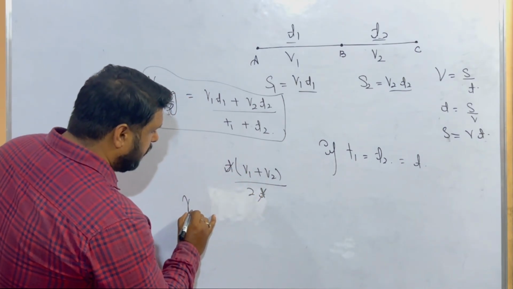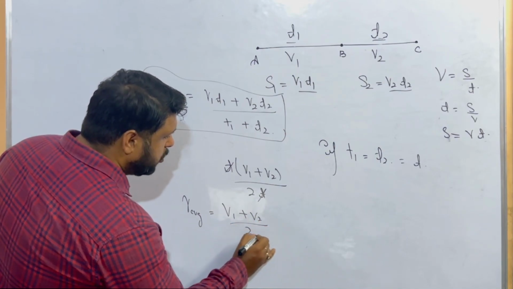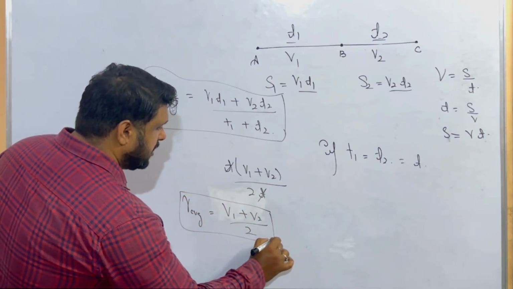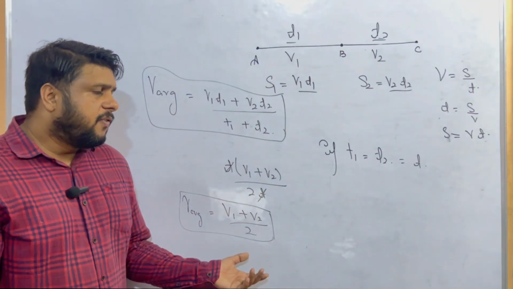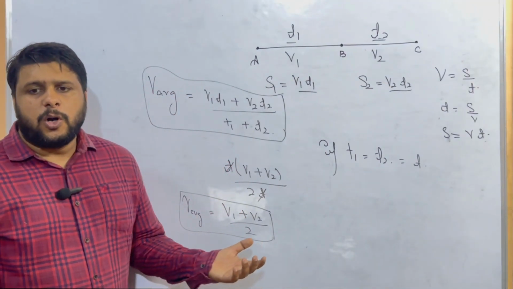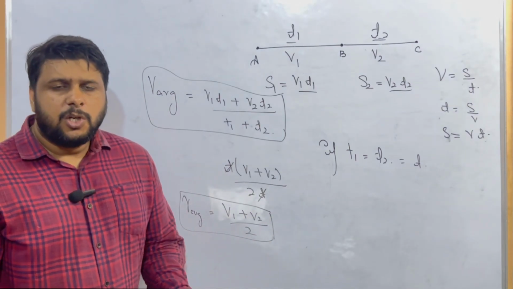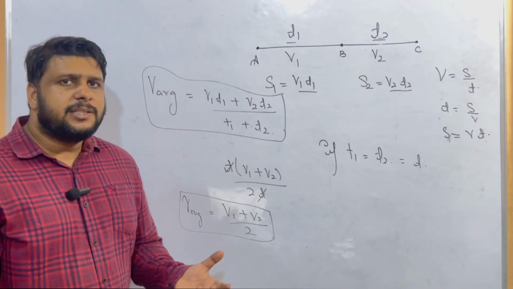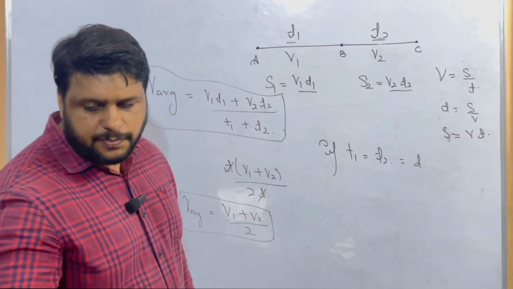So here V average will be equal to V1 plus V2 by 2. For these special cases, I am just telling you the formulas, but do not try to remember them. Just understand the concept so that you can apply it in your examination. I hope it is clear to everyone.